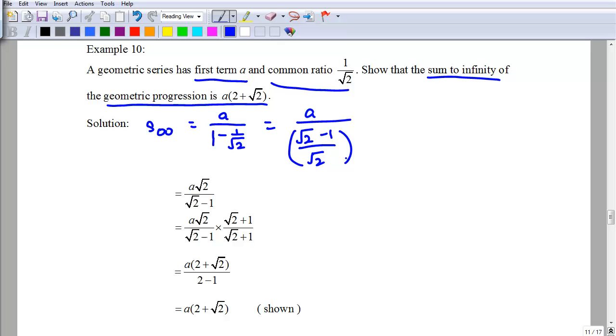Simplifying it further, we know that that will be a multiplied to root 2 over root 2 minus 1, and that gives us this.